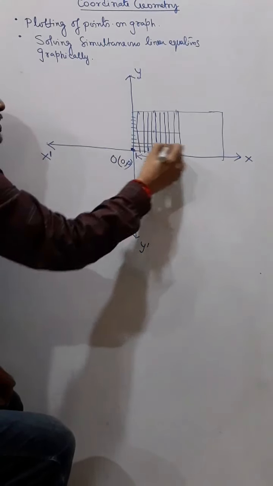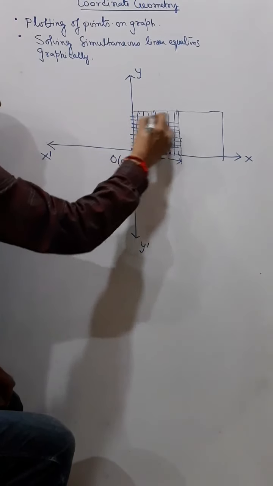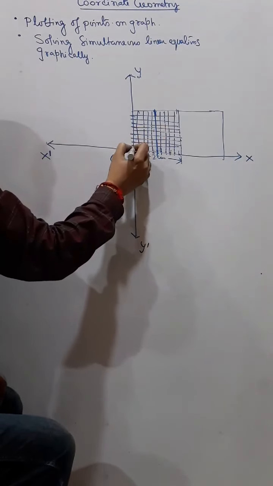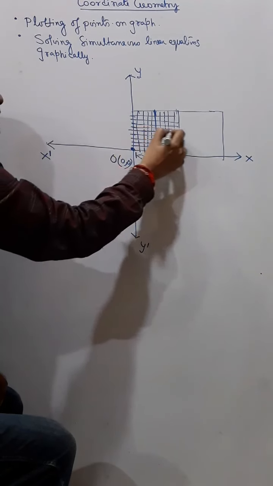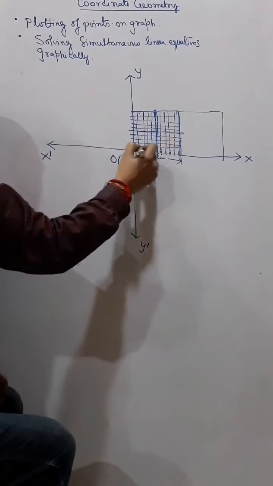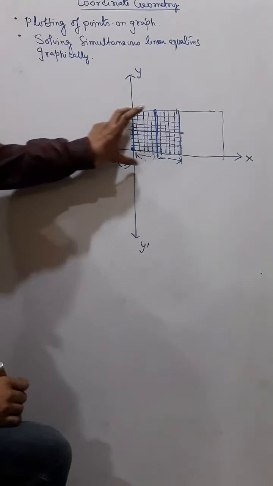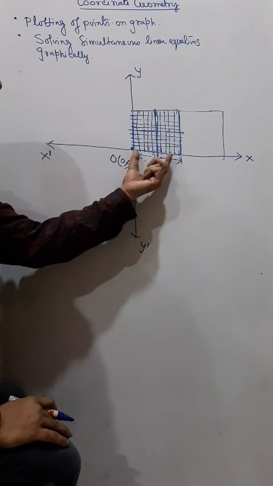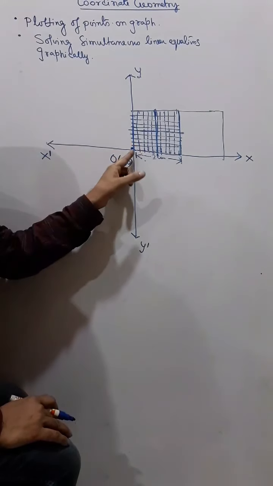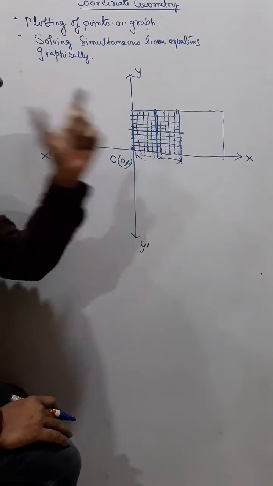So your graph, every big square looks like this, and as I've told you, this is 2 centimeter and this is 1 centimeter, 1 centimeter each. And here you have 10 divisions, and in this small box you have 5 divisions.